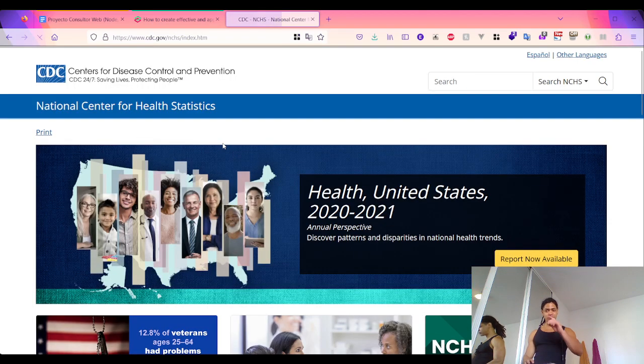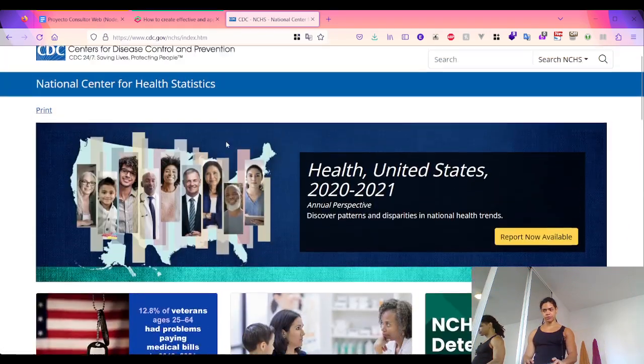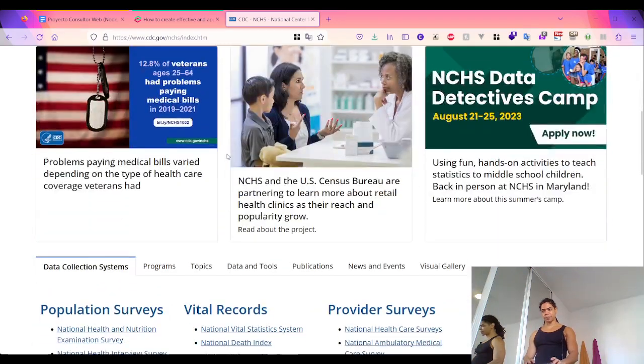There are a few people that actually know it exists. Yes, it is data from the government, blah blah blah, but it can give you at least an insight into how healthy the population in the US is. And if you live in the US, well, you can get an idea of that.